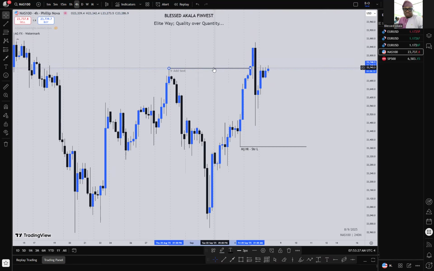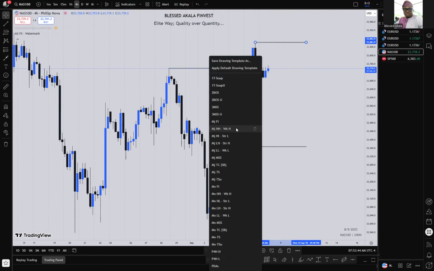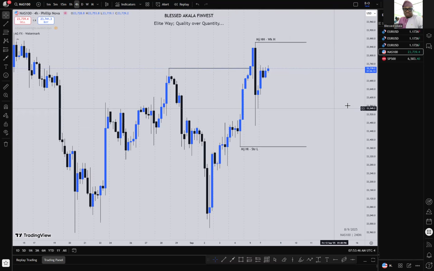Nonetheless, we're just going to concentrate on this particular leg. So here is going to be our daily range starting from 4 hours. Based on this particular leg, here happens to be our weak high. So that's how we're going to pick it.